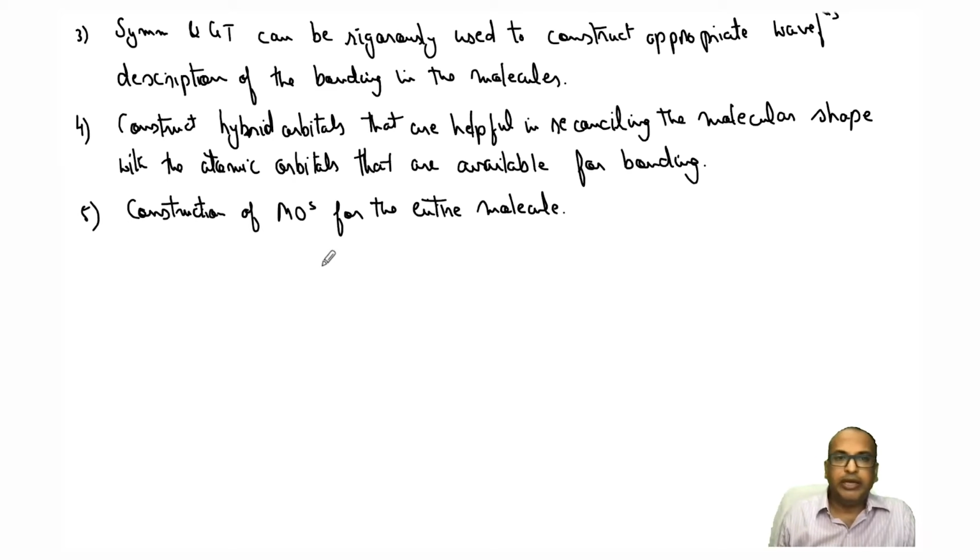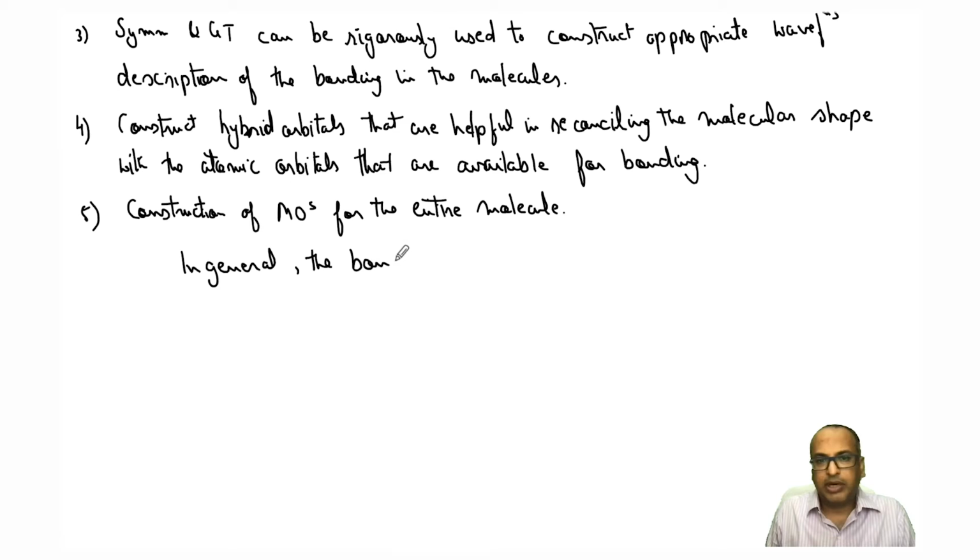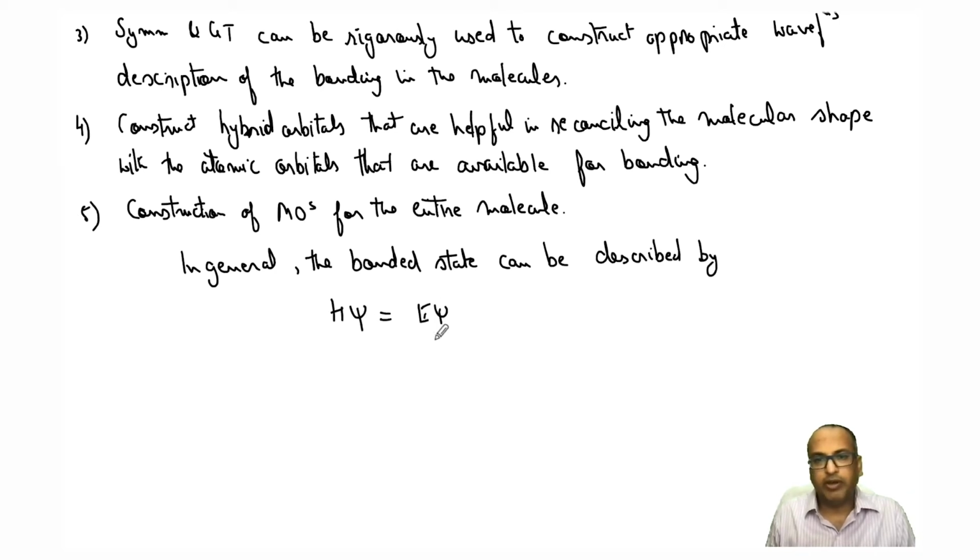In general, this is just a refresher, I'm sure you all know this. The bonded state can be described by the famous Schrodinger equation, H psi equal to E psi, where H is the Hamiltonian, psi is the state function and the eigenfunction, and E is the energy of that particular state, right?